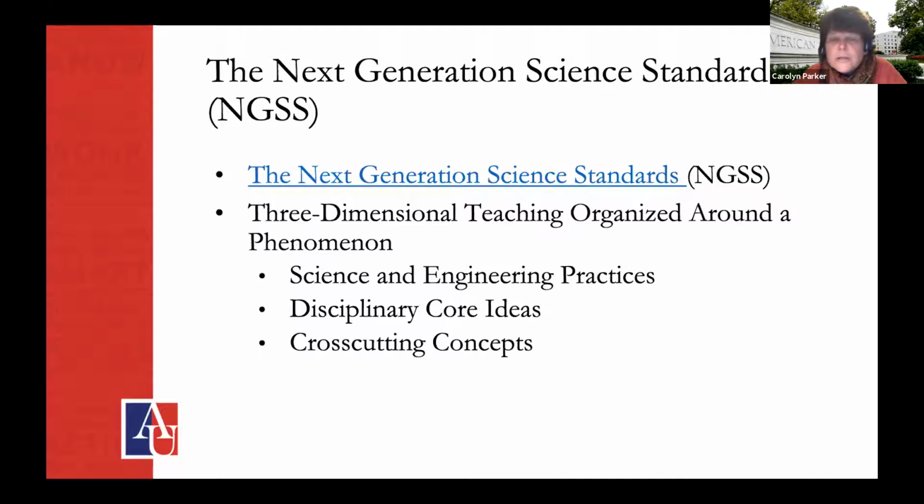The Next Generation Science Standards take what's called a three-dimensional approach to teaching and learning in science, and they organize learning around the science and engineering practices: how people think and behave and have the behavioral attributes of a scientist and engineer, such as questioning, communicating important science ideas, and looking at data.